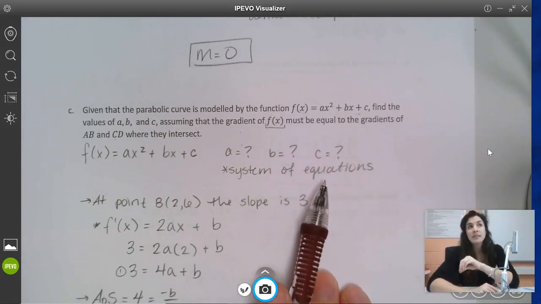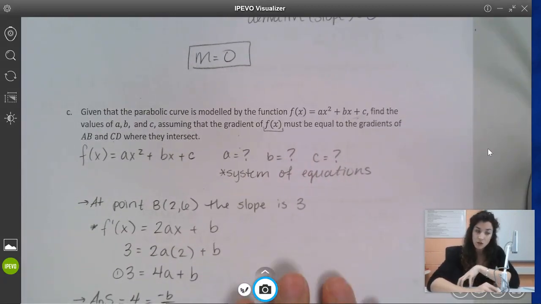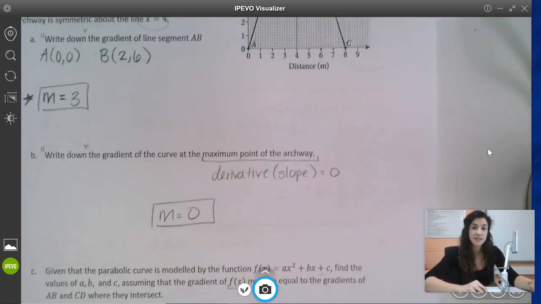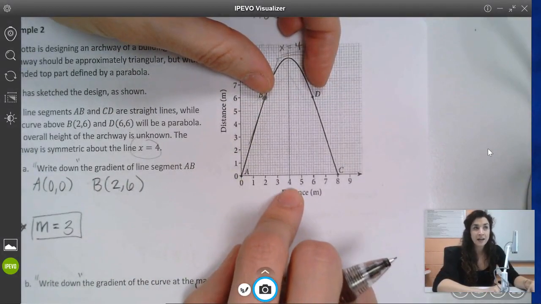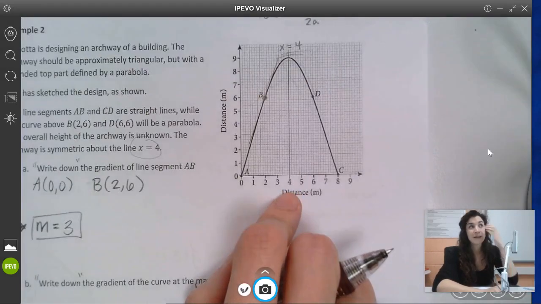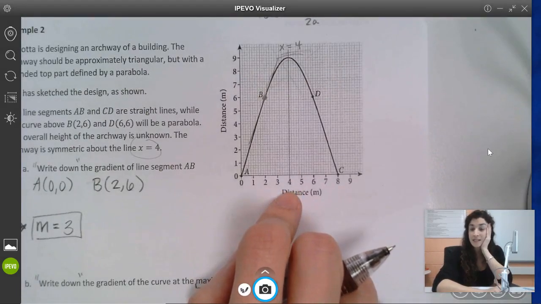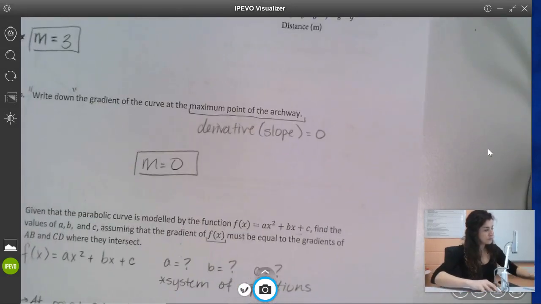However, there are some points that don't help us here in regards to making a system of equations. So just be aware that since these guys are symmetric across the axis of symmetry, it actually doesn't help us because we'll have it all be set equal to 6. Let me show you what I mean.